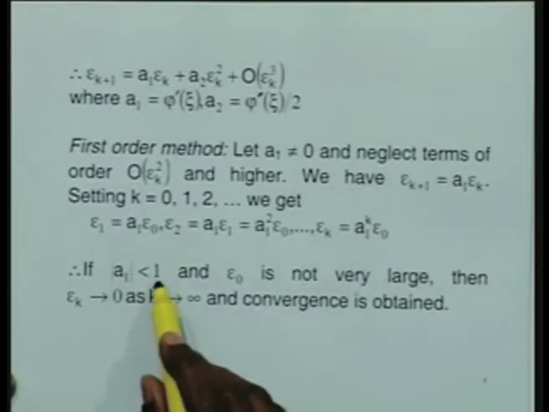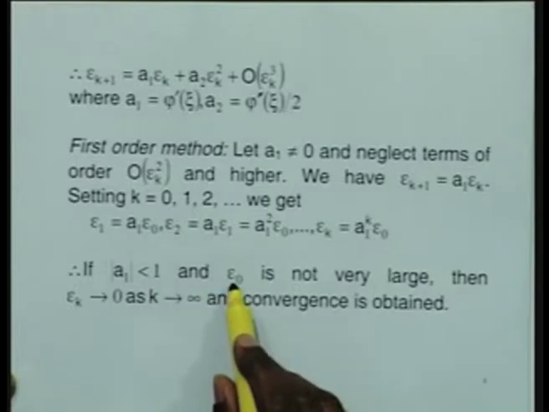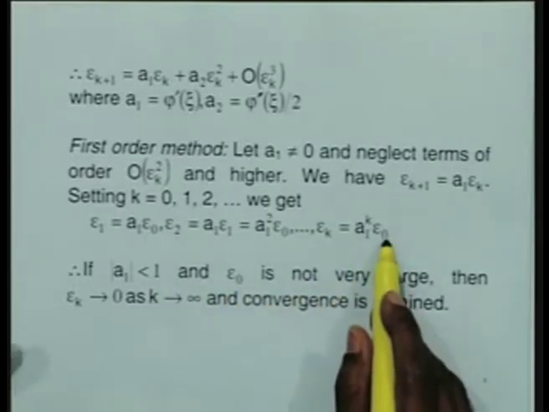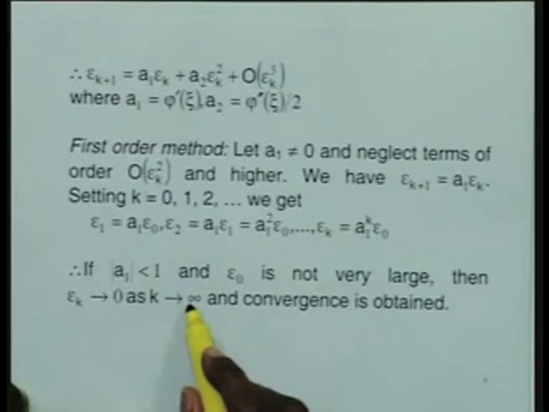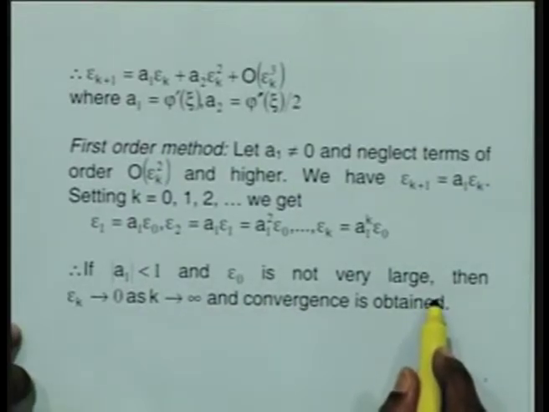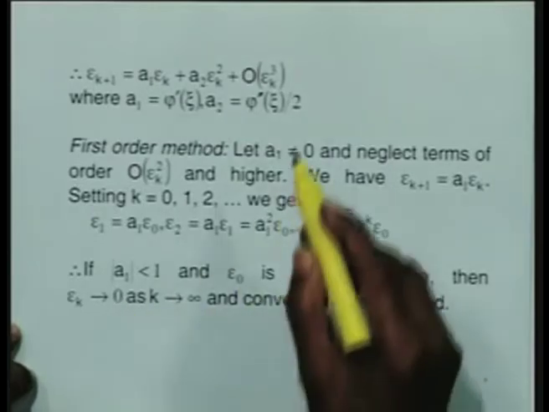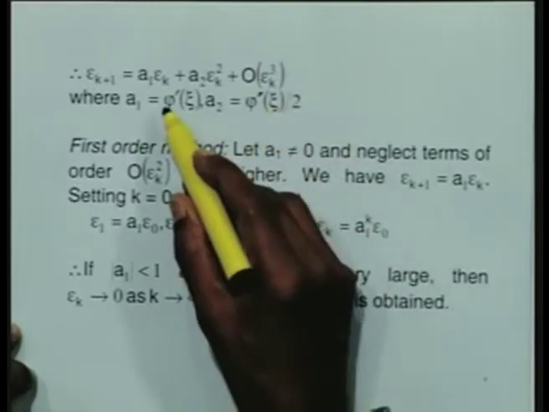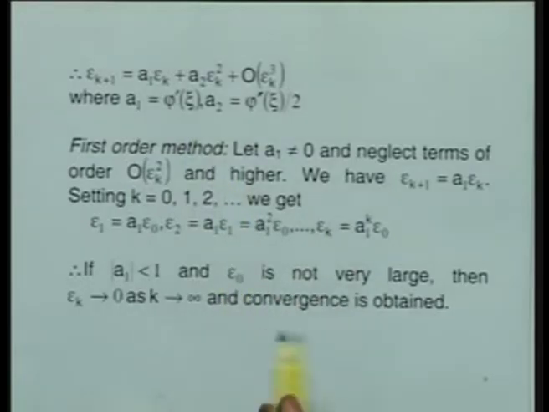Therefore, if magnitude of a_1 is less than 1 and epsilon_0 is not large, of course it is always a finite quantity, even if it is 2 or 5 or 10, it does not make any difference, then epsilon_k will tend to 0 as k tends to infinity, and convergence is obtained. Therefore, the condition for the method to converge is magnitude of a_1 should be less than 1.